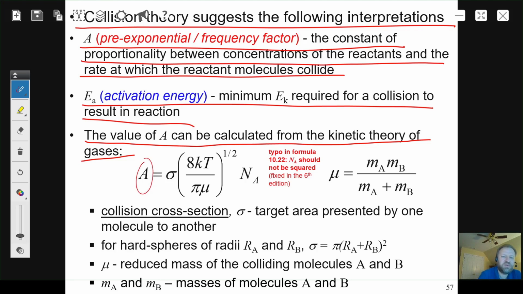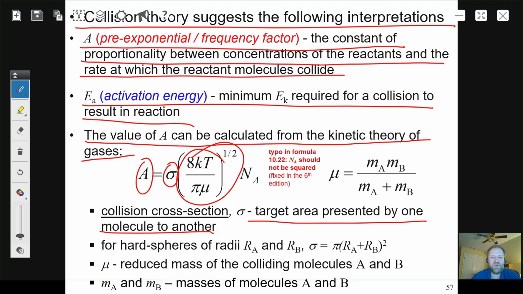So here we have our frequency factor A, which is equal to the collision cross-section, that is, the target area presented by one molecule to another, times the square root of the term that depends on temperature and the so-called reduced mass of the two colliding molecules A and B, where the reduced mass is equal to the product of the masses of the two colliding species divided by the sum of the same masses.